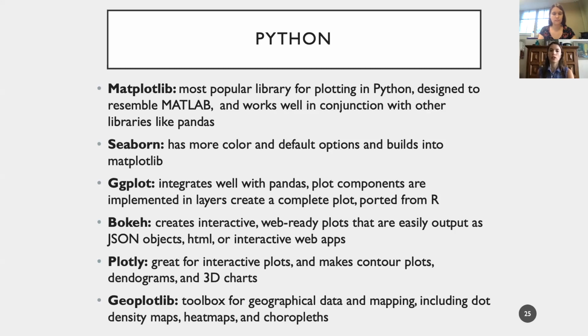And it works well with other popular Python libraries like pandas. ggplot from R also works as a plugin into Python, and it works in the same way as ggplot, where different plot components and aspects of your visualization are layered in order to complete the full image. And it also integrates well with the pandas library for working with different types of data. If you're working with maps or geographical data, then you would probably want to use geoplotlib in Python. But again, there are many different library options.